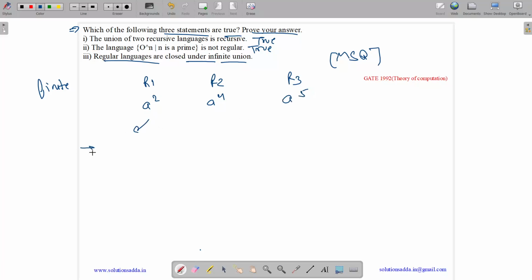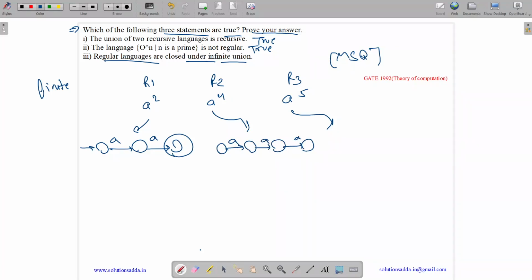So we have DFAs for this, like a followed by a, then accept. Same for a^4 we can create, same for a^5 we can create. For a^4 it will look something like a, then another a, then accept.